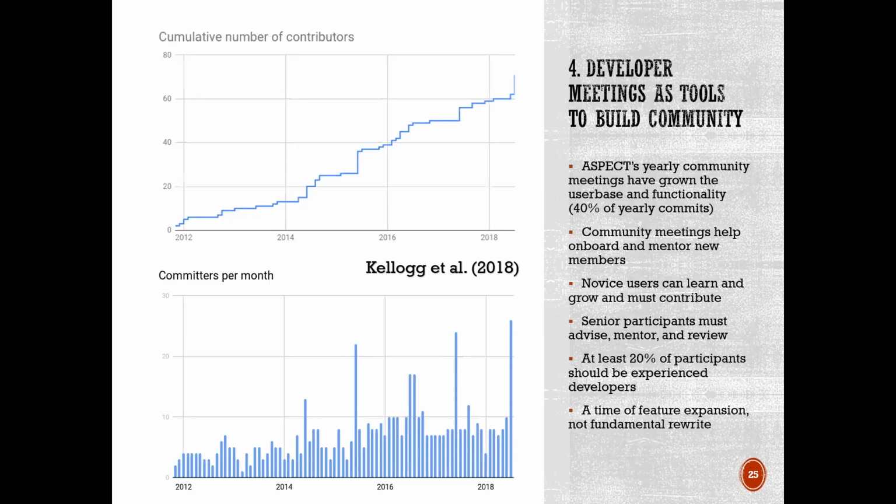And the yearly community meetings that Aspect has done for the past 6 years now have clearly contributed to the growth of the total number of contributors and to the number of people who contribute per month. So much so that by now, about 40% of our yearly commits are made at the community meetings. Of course, the number of commits is a very coarse measure because it doesn't reflect the size of the commits or the difficulty of the changes that were made.